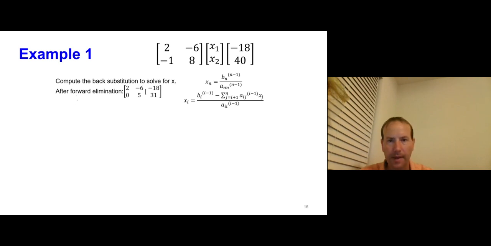So if we start back at the same 2 equation system that we had before, this is what we had after forward elimination. We had gotten down to this matrix, and now we need to back up from it to solve for the individual variables. So n equals 2, and we start by solving for x2.